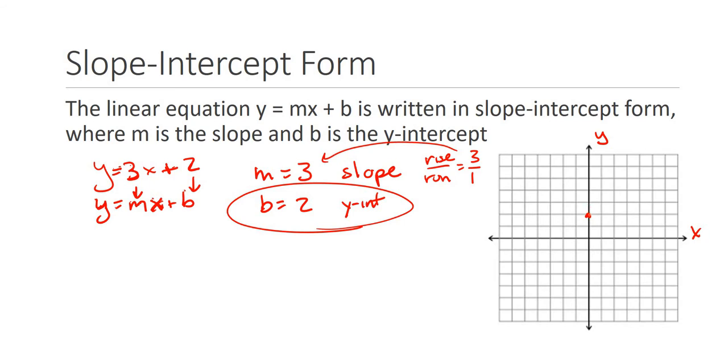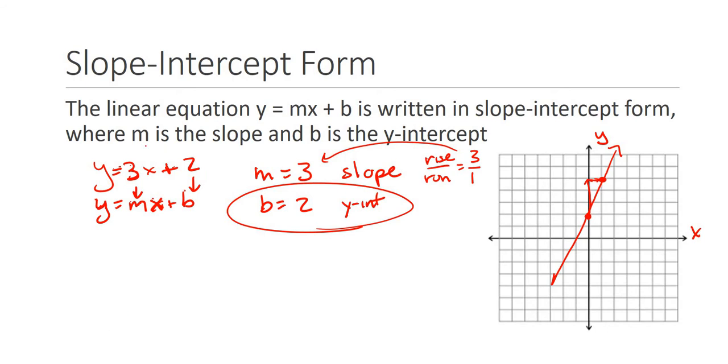So if my rise is 3 from my y-intercept, I'm going to go up 3 units. Whoops, I shouldn't put a dot there. I'm going to go up 3 and then to the right 1, and that's where my ordered pair is going to go. So I'm going to connect those 2 points, and that should be the equation of my line.